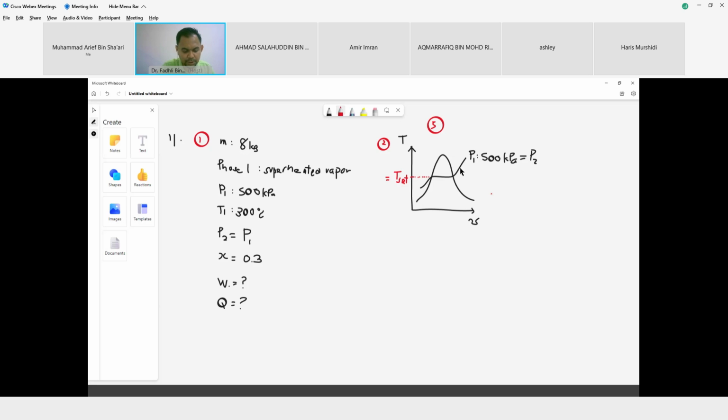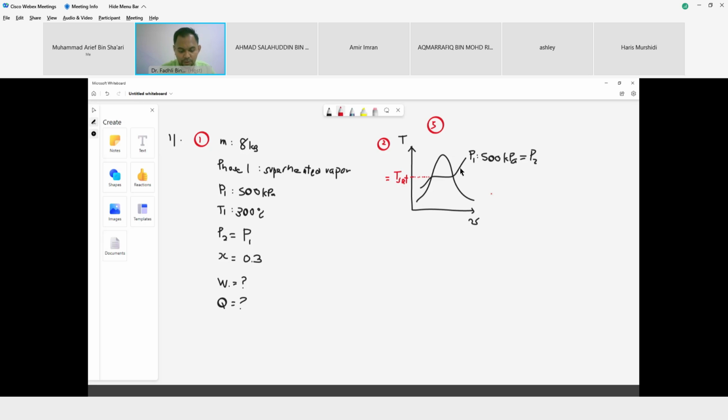So look at the pressure table. The substance here is water, right? Superheated water vapor, so the substance is water. So now we have to look at table A4, 5 or 6.